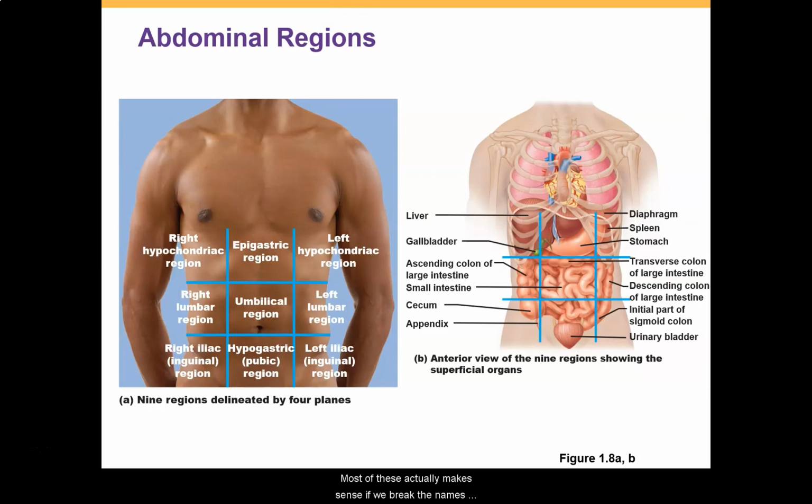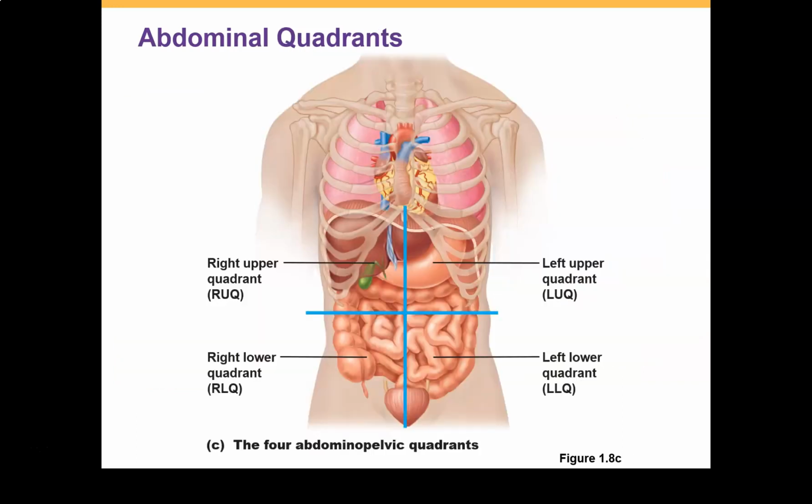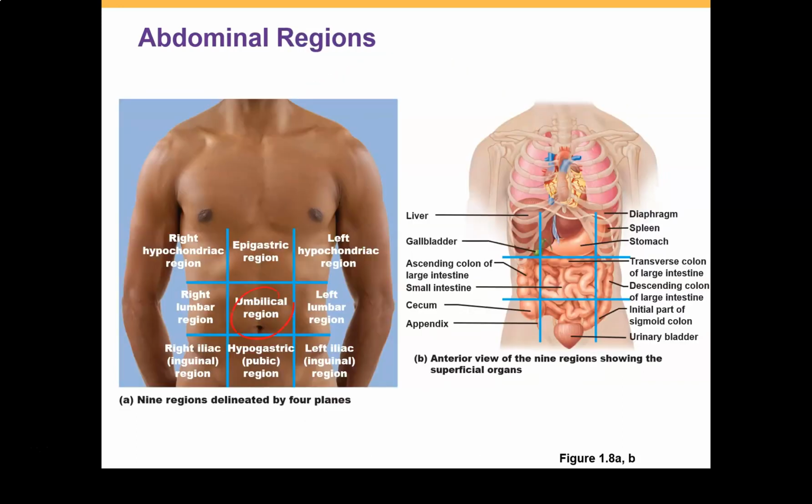Most of these actually make sense if we break the names down. So for example, by the umbilical cord, the belly button, the umbilical region. Epi means above. Gastric refers to stomach. So above the stomach, epigastric.